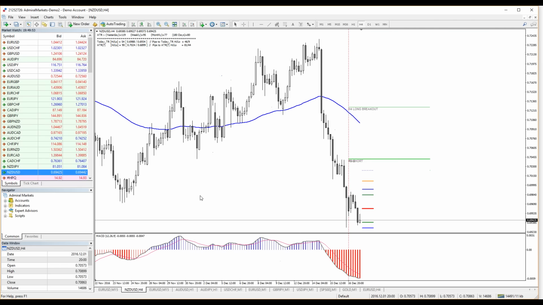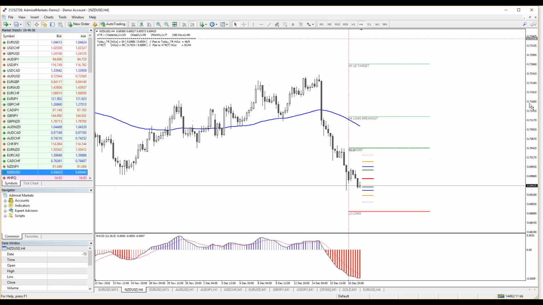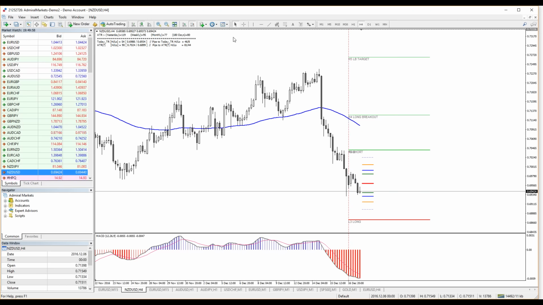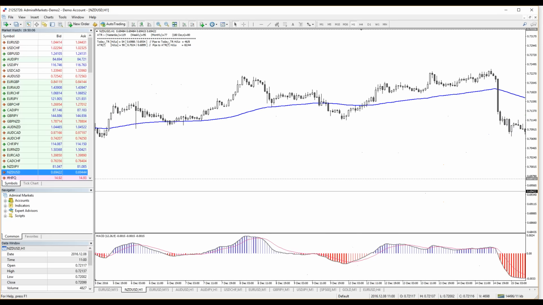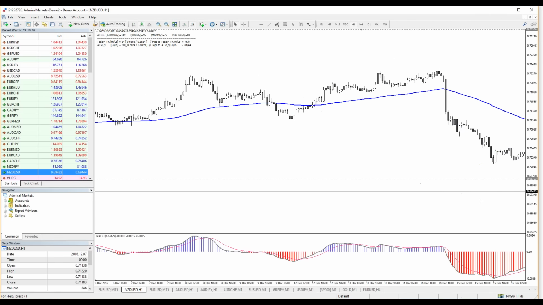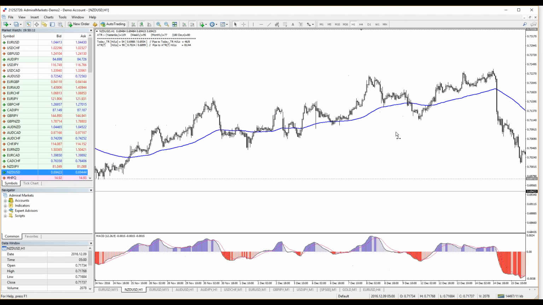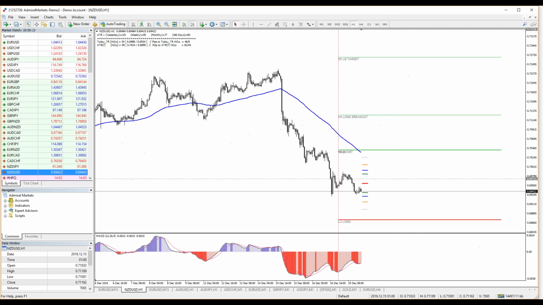New Zealand dollar, also sell on rallies, but pay attention to this order block, very strong order block. Let's zoom into the 1-hour chart. Okay, see the strong order block here.